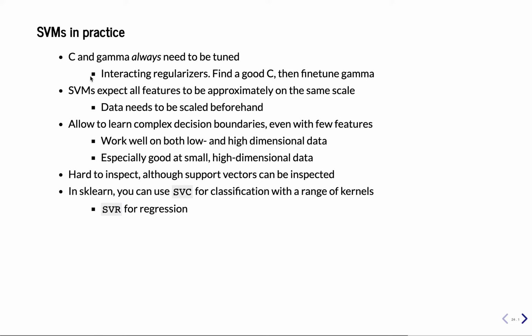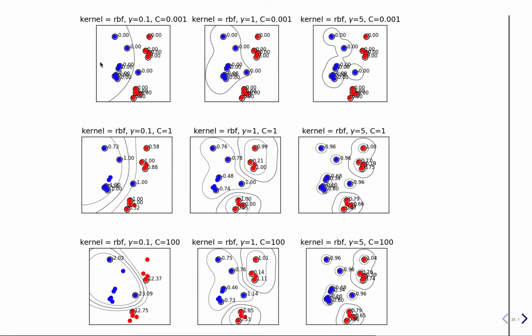Also, C and gamma interact with each other because they are both regularizers, right? We've seen this. If you have a model that is underfitting, then increasing gamma will cause overfitting. So let me start over. If you have a model that overfits, you can regularize by decreasing gamma, right?